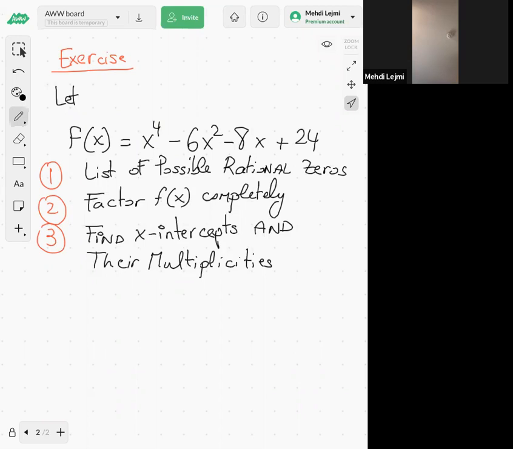So I'm going to give you guys let's say 5-10 minutes to think about this exercise. As I said, this is a really important remark: this is different from the previous exercise because the quotient is of degree 3.